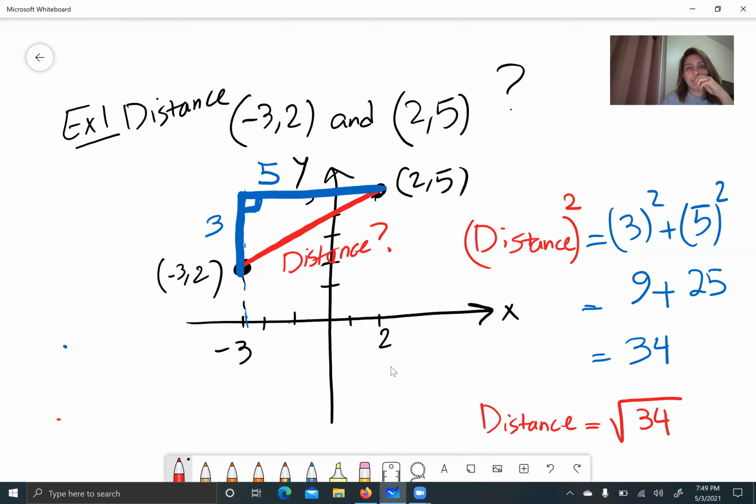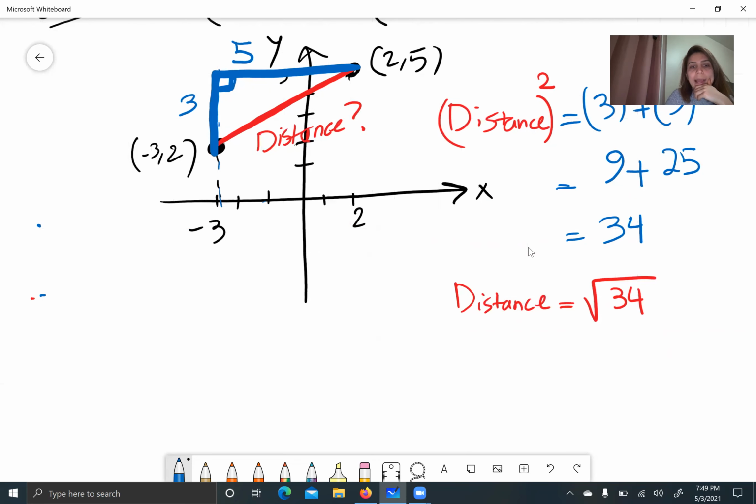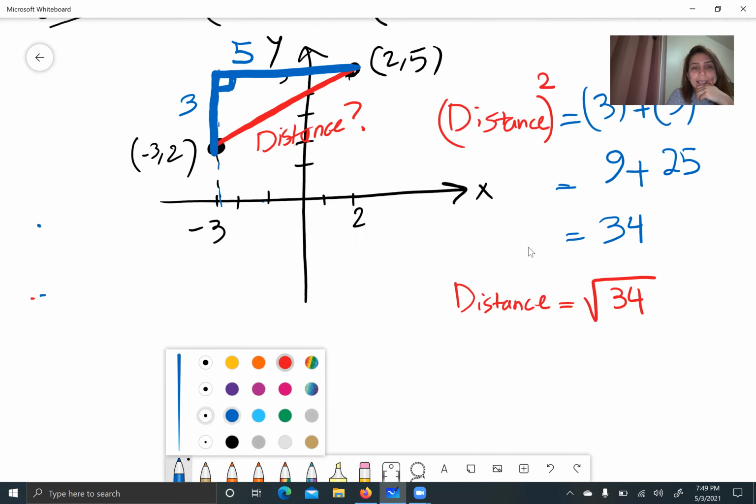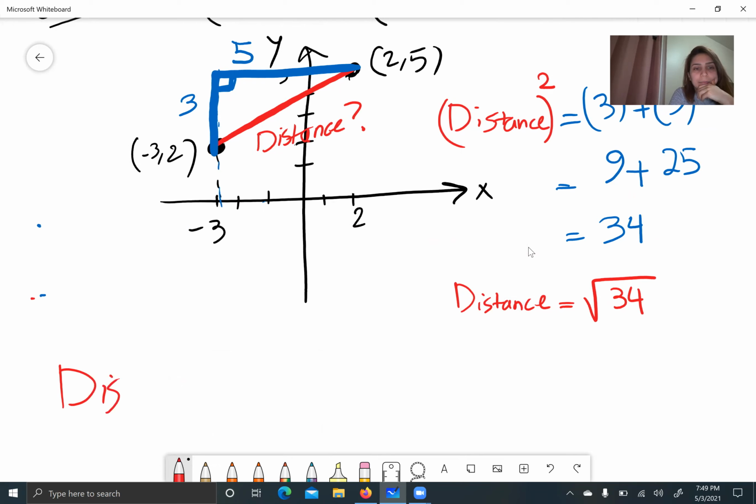Let me draw it here. In this example, we obtained the distance by taking the square root of 3 squared plus 5 squared.